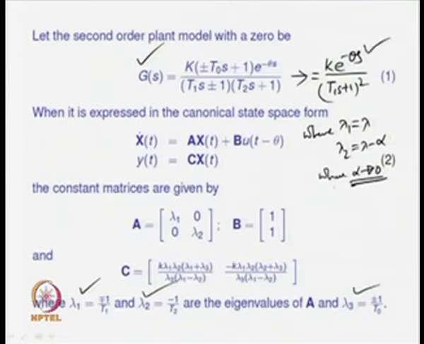Okay. Again, to obtain this second order plus dead time transfer function model, we have to assume a model with no zero particularly. We have to assume that lambda 3 tends to a large number.